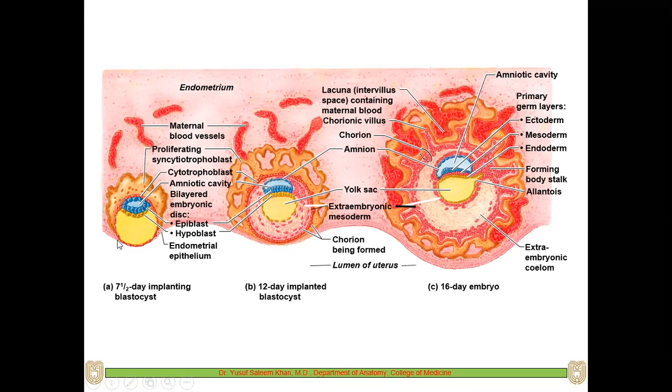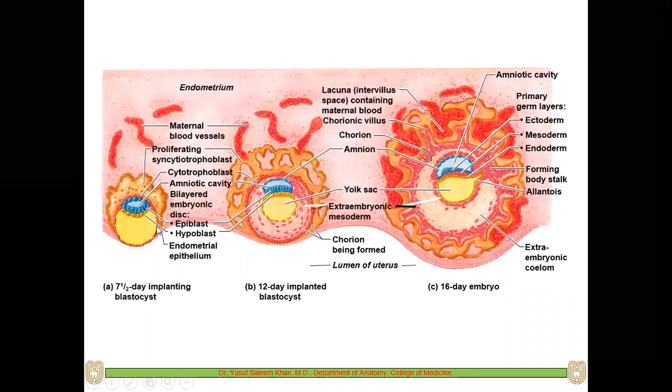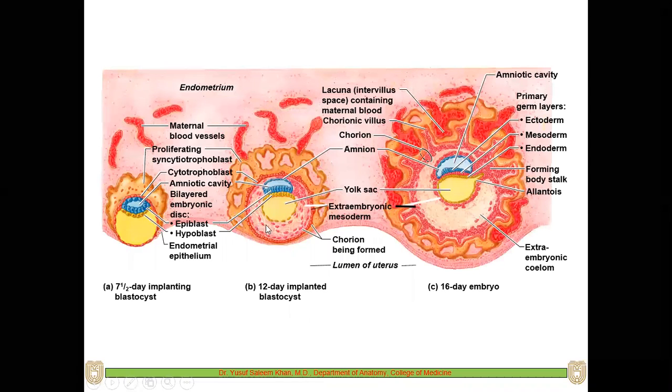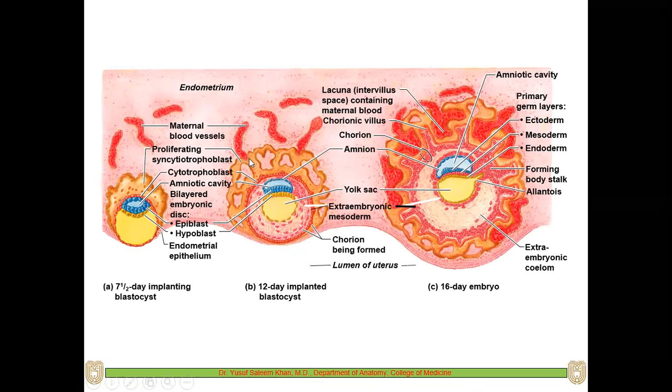The trophoblastic cells around it were the cytotrophoblast and the syncytiotrophoblast. Now the syncytiotrophoblast starts giving rise to villi-like projections, and they start eroding into the endometrium, which is the decidua here. The endometrium is highly vascular, so you can see many blood vessels. Within the syncytiotrophoblast there is production of spaces, which are called lacunae.